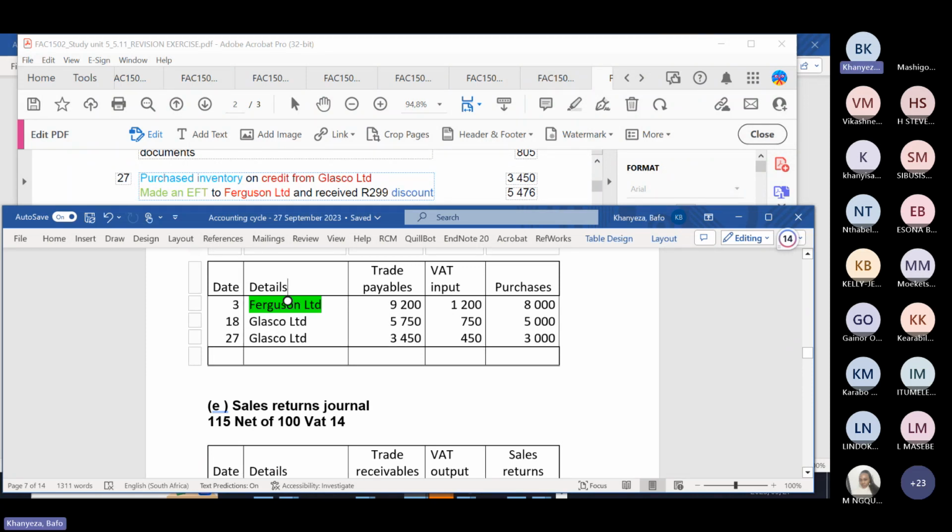Let's see where we get paid Ferguson linked by direct payment and received 299, and that all is 5,476 that we paid to Ferguson.